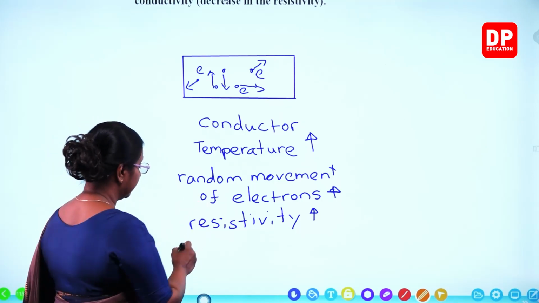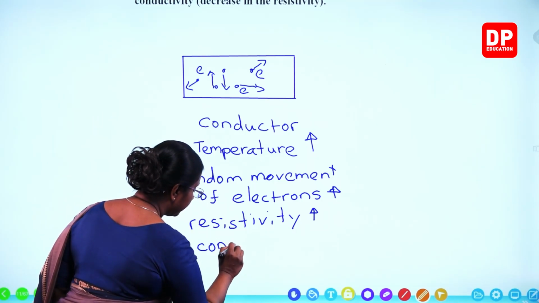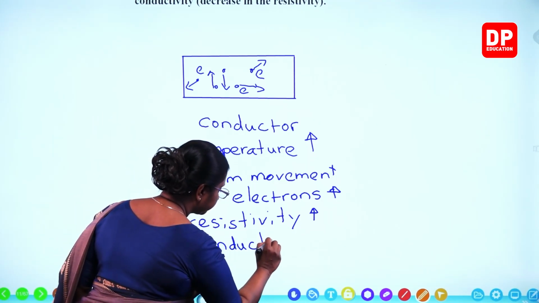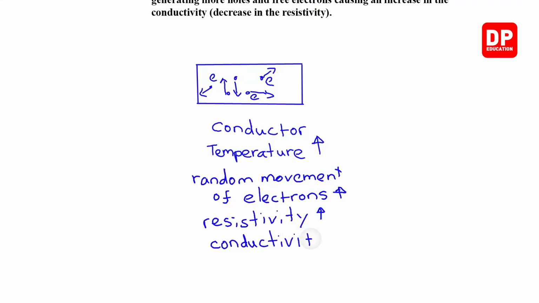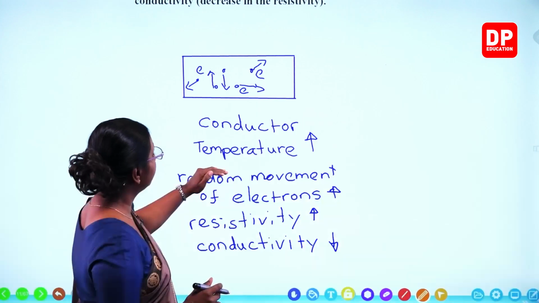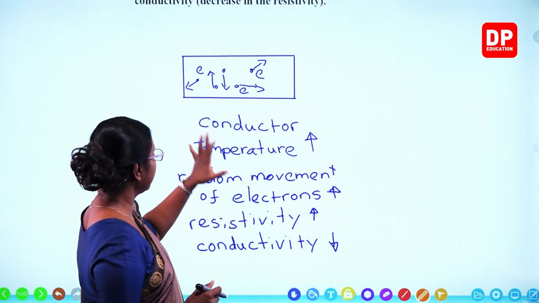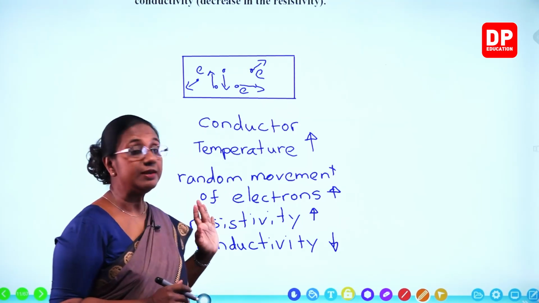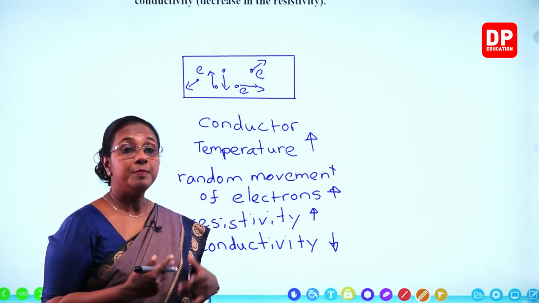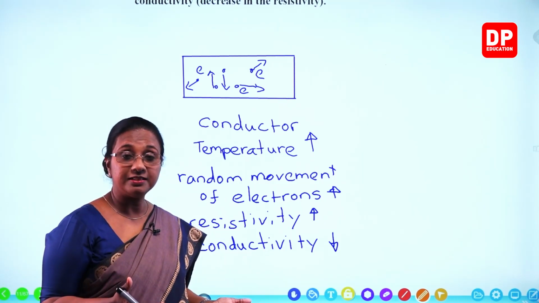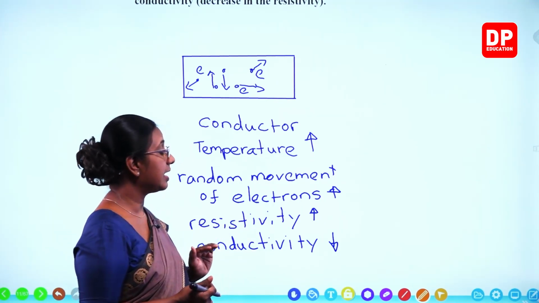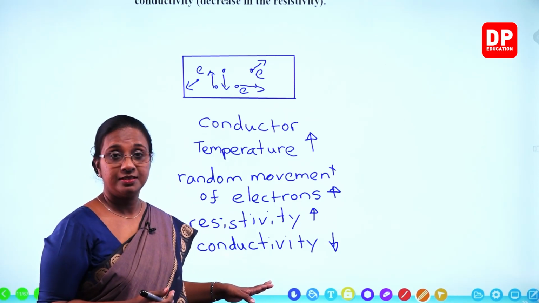That will decrease. So here, conductivity or conductance will decrease. So that is what happens in a normal conductor. In a conductor, when the temperature increases, the free electrons start moving more randomly. Because of that, the resistance increases and the conductivity decreases.